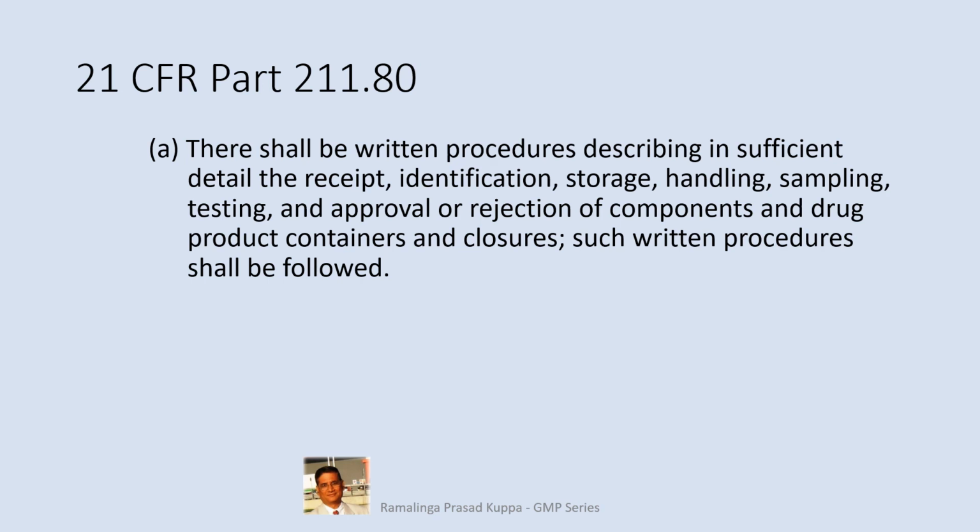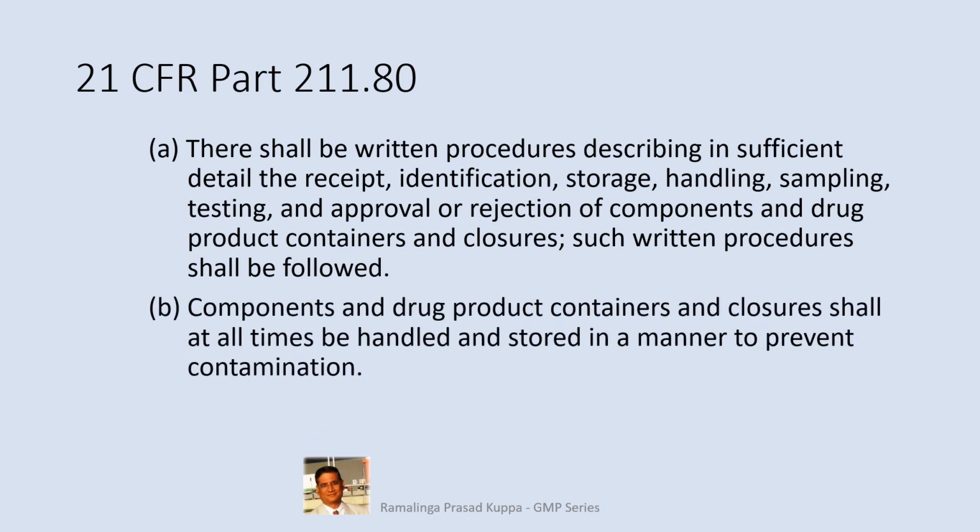Such written procedures shall be followed. Components and drug product containers and closures shall at all times be handled and stored in a manner to prevent contamination. This section of CFR also prescribes same requirement as in ICH Q7.